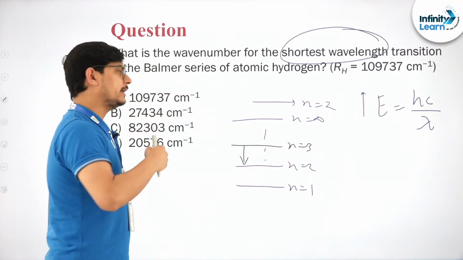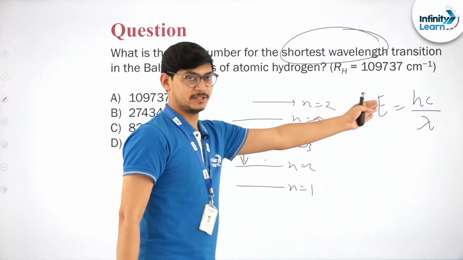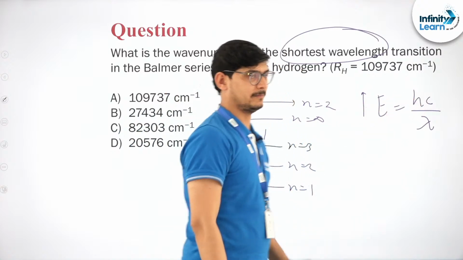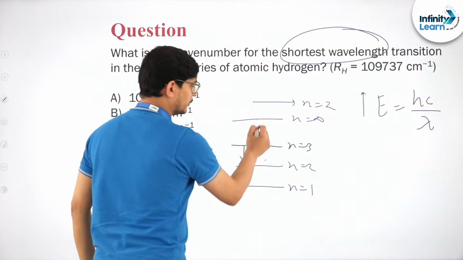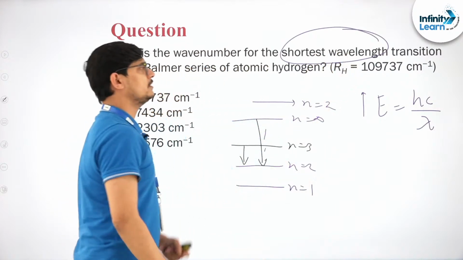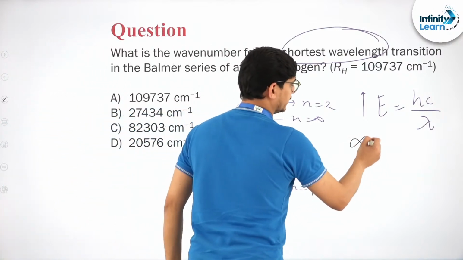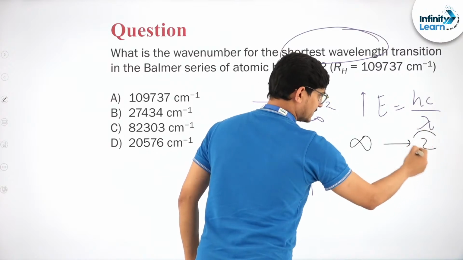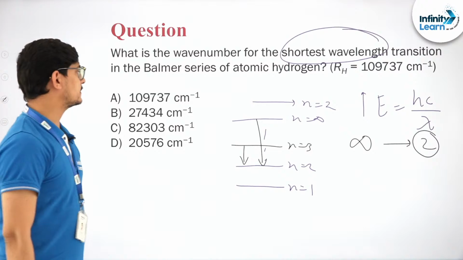So in order that the released energy is maximum, because then the wavelength will be minimum, electron should start from the topmost level, that is n is equal to infinity. So the transition for shortest wavelength is from infinity to 2. Is that clear, guys? Okay.